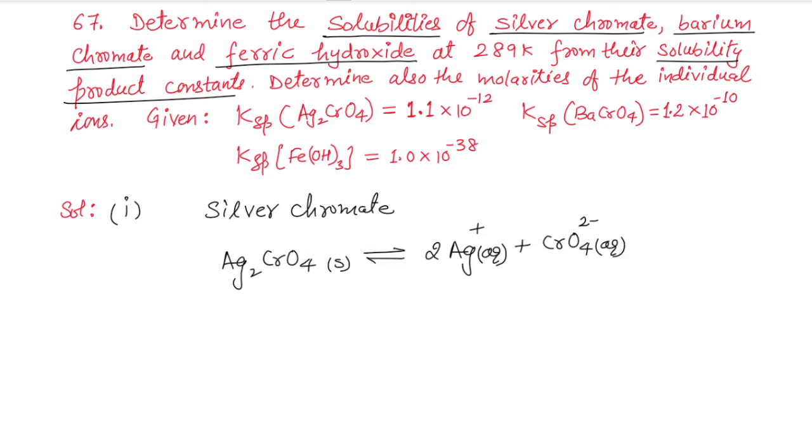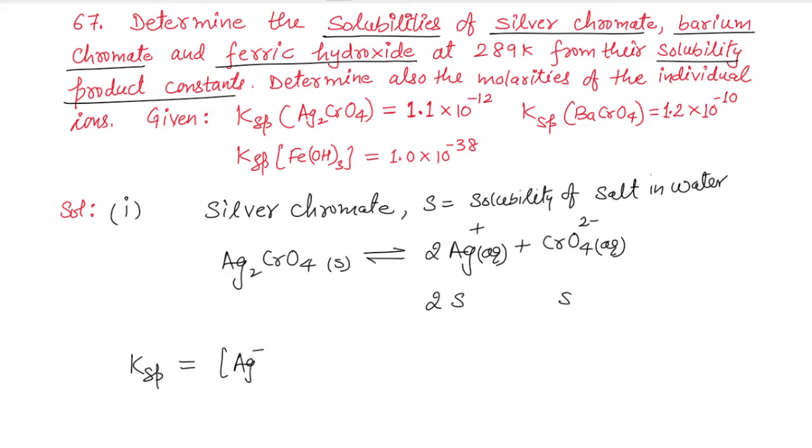Let us say its solubility is S, the solubility of this salt in water. If S is the solubility, that means Ag plus is 2S in the solution and chromate ions are S. Am I right?